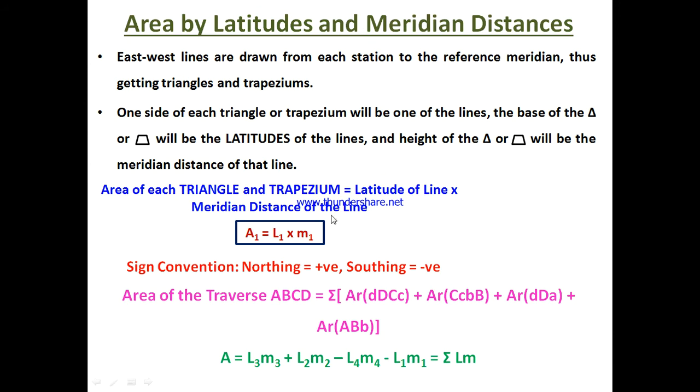In this manner we will calculate the area of each triangle and trapezium, which will be equal to the latitude of the line times the meridian distance of the line.